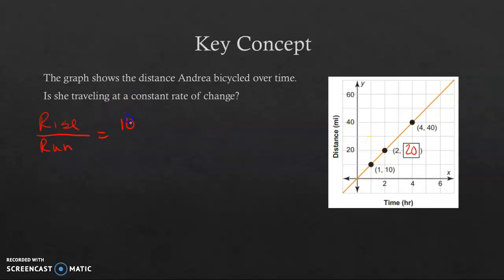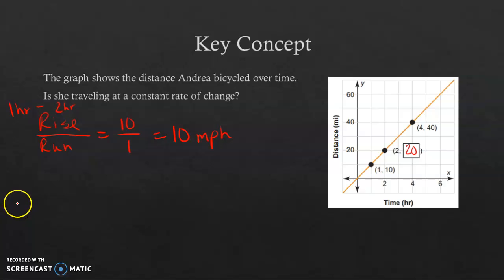So we have 10 over, and then from 1 to 2, right? So rise is 10. From 1 to 2 is 1. So we have a 10 over 1, which is equal to 10 miles per hour. So that's from 1 hour to 2 hours.